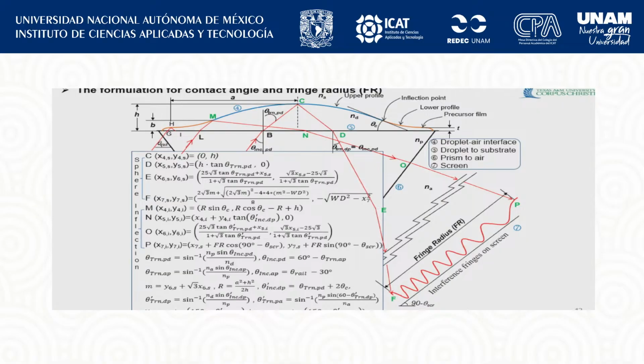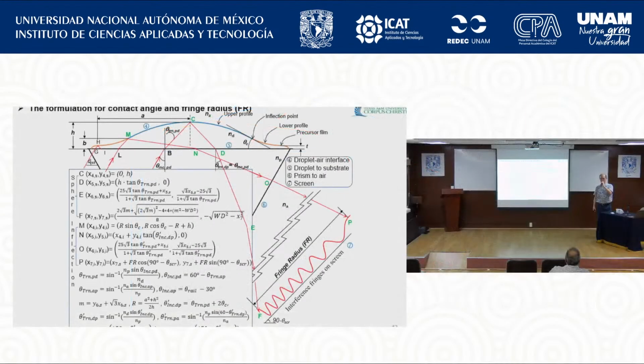By the way, I didn't talk to you about the background of contact angle here. I think most of you are from electrical engineering and also physics. Contact angle is one of the most important properties in determining surface materials, surface energy, for example.